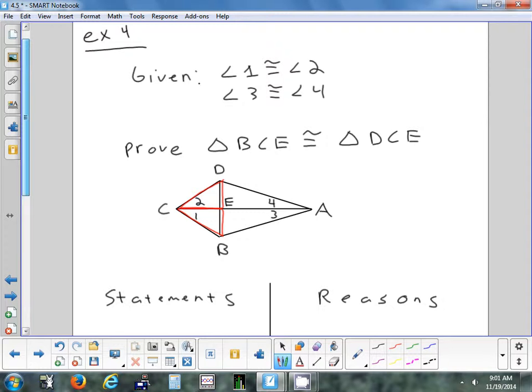Notice what they gave you there. They gave you something about two triangles that are not part of what they want you to prove. That means chances are your proof is going to somehow involve these other two triangles. Maybe. But you might have to look at triangles other than the ones I outlined in red.